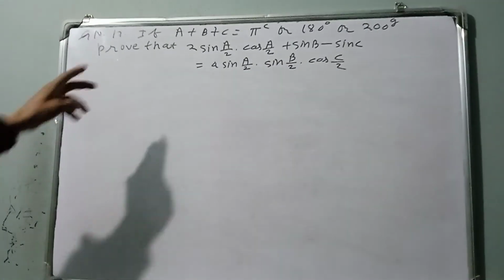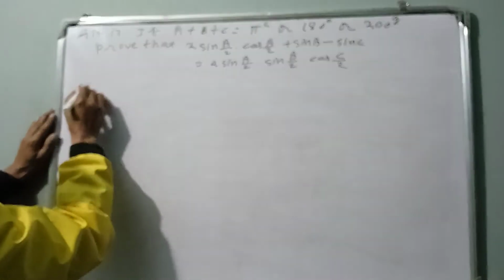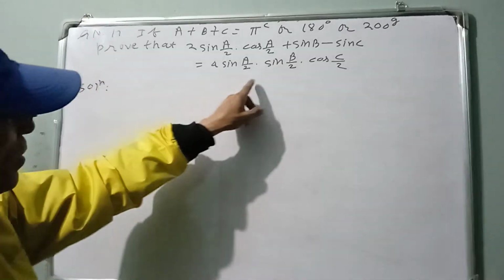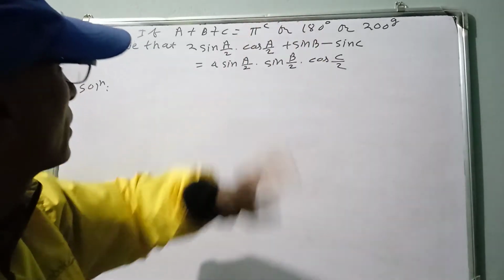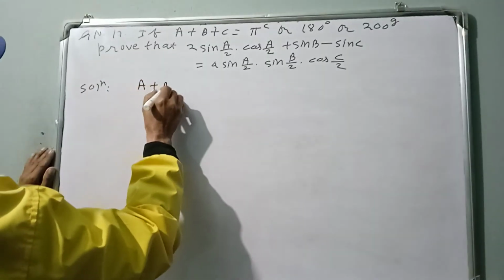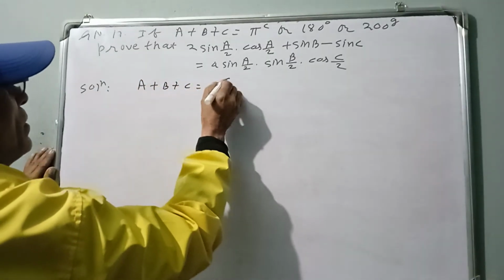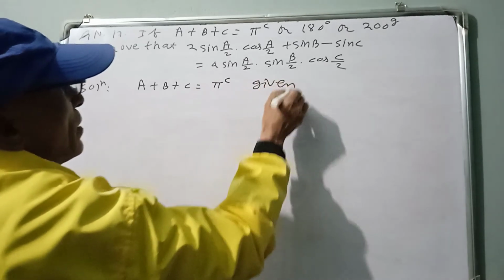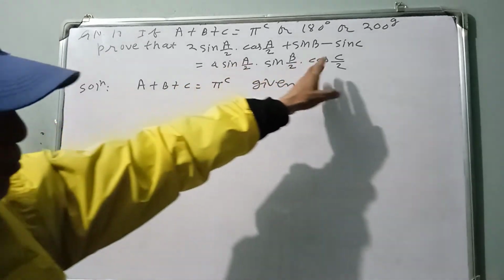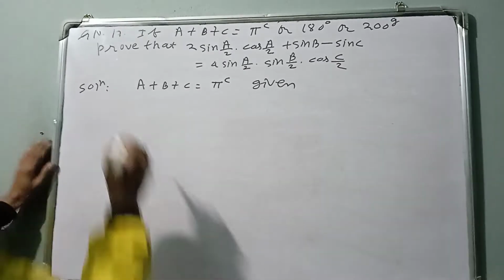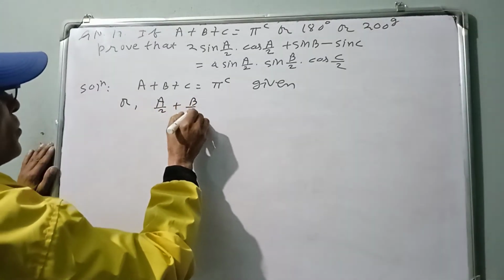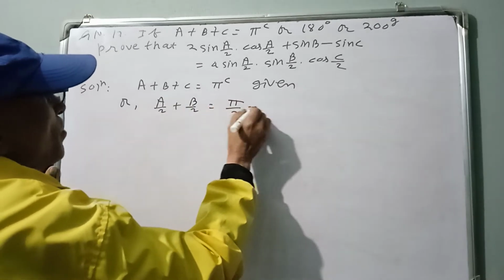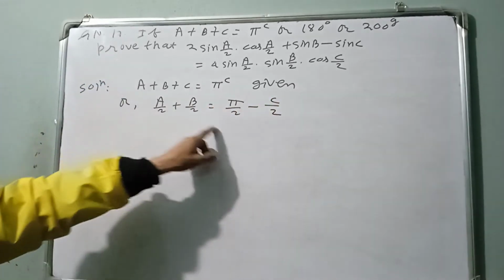See, the given condition is this. Solution. Right side is A by 2. On the right side there is A by 2, so you must remember to write A by 2. A plus B plus C equals pi radian. This is given. On the right side there is A by 2, B by 2, so here also take A by 2. Or A by 2 plus B by 2 equals pi by 2 minus C by 2. This is not called a step jump.